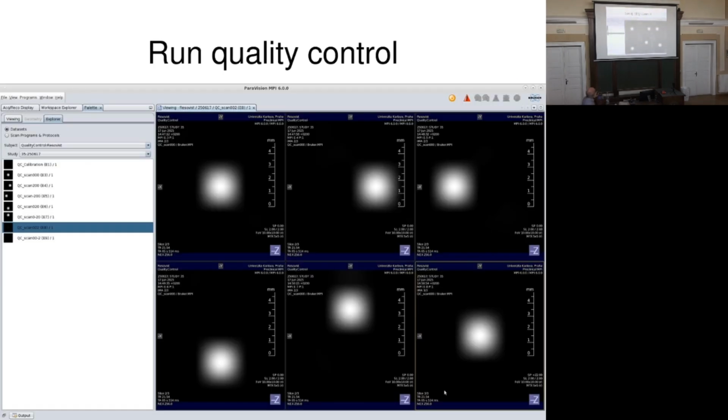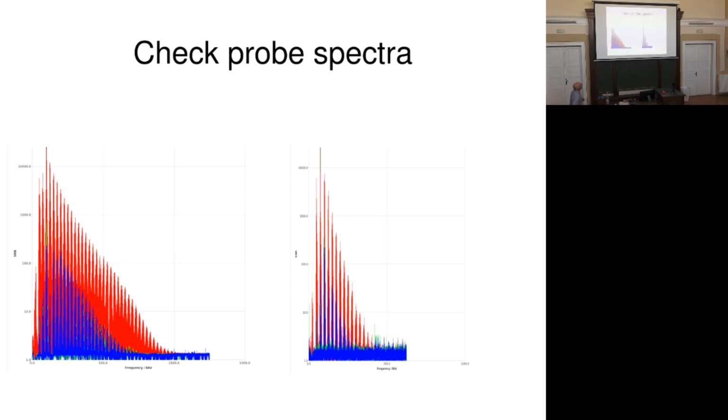Of course, you should run quality control regularly, so you can notice some problems with the machine. We are running it at least once a month with a known sample, which we do calibration, simple calibration, which we do during the hands-on, and then place the sample in different positions and check the signal to noise. It's quite a simple procedure, but it's worthwhile.